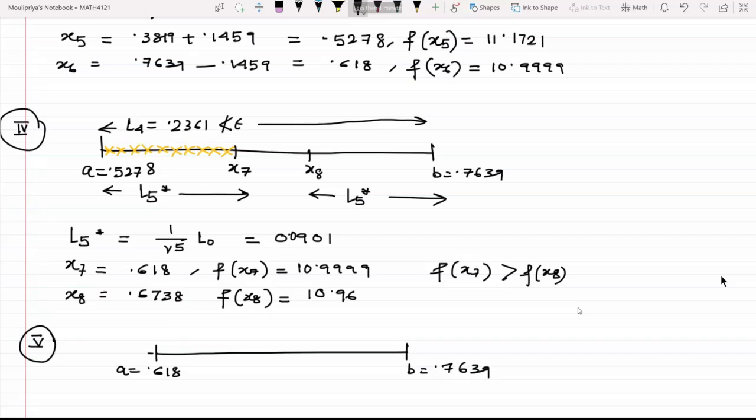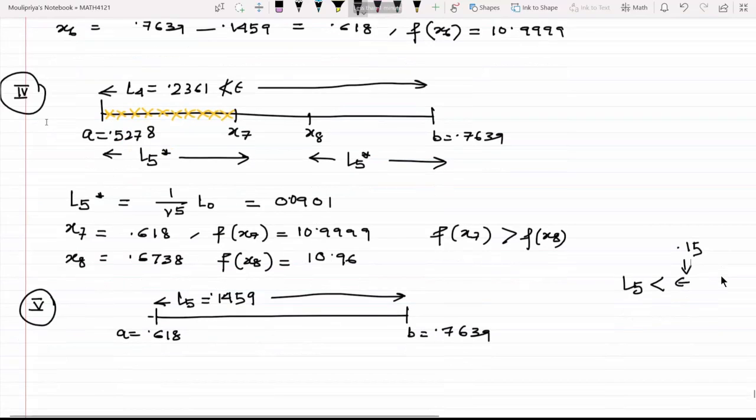So if I call this one L5, what is L5? 0.1459. Yes, ma'am. That implies this interval length L5 is less than the tolerance. Correct. The tolerance limit was given to be 0.15. So your algorithm will stop because we have reached the stopping condition.